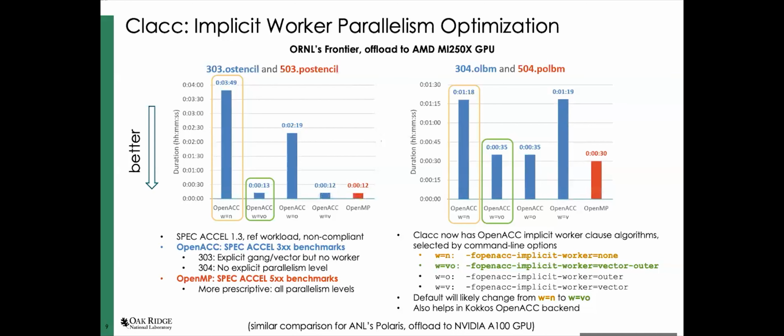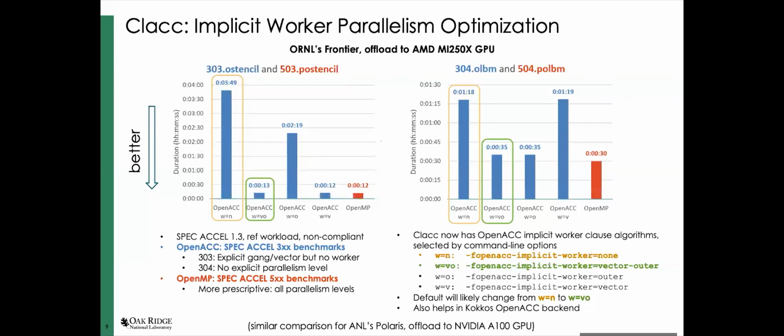For example, in each of the two figures in this slide, the initial results for OpenACC benchmarks compiled with Clacc are circled in yellow. The results for the same benchmarks, but written in OpenMP, are red. As you can see, the OpenACC benchmarks do not perform nearly as well as the OpenMP benchmarks. One reason is that OpenMP code is often written more prescriptively than OpenACC code.